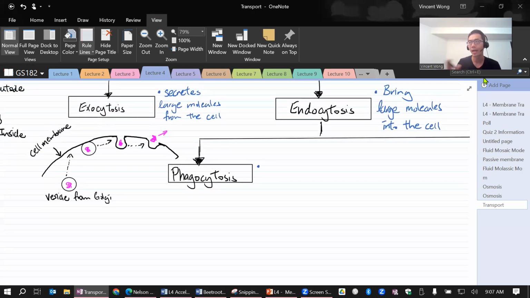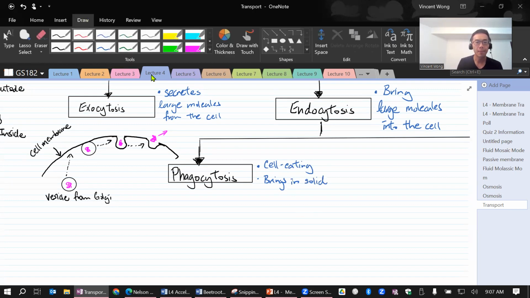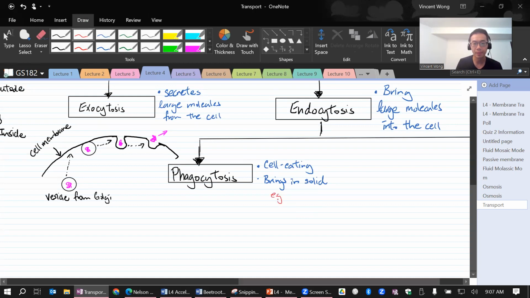By the way, all these are active transport, right? All these require energy, right? So this is cell eating. Brings in solid. Okay. So example, bacteria.